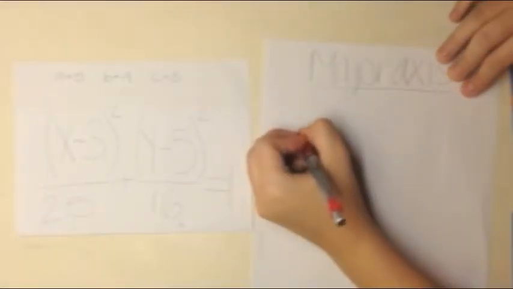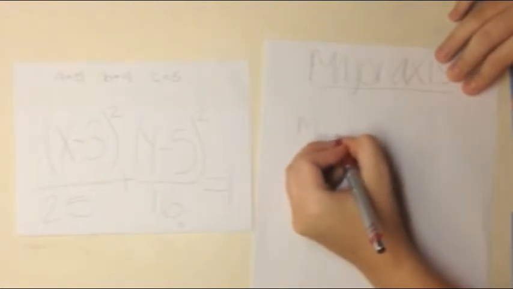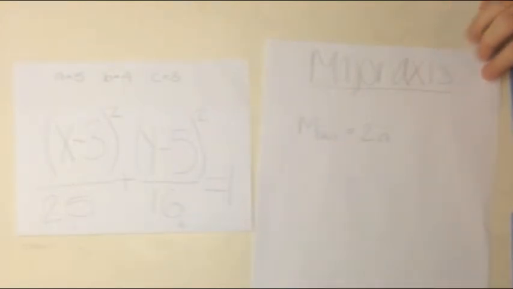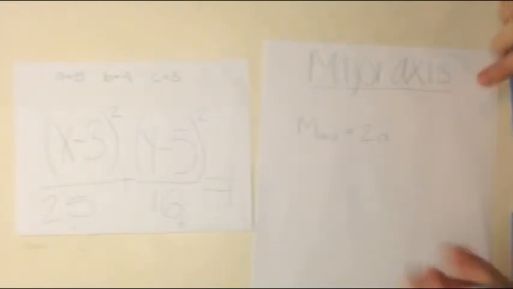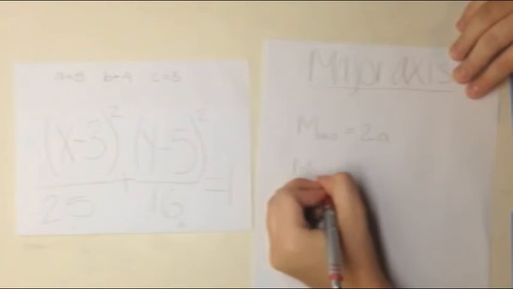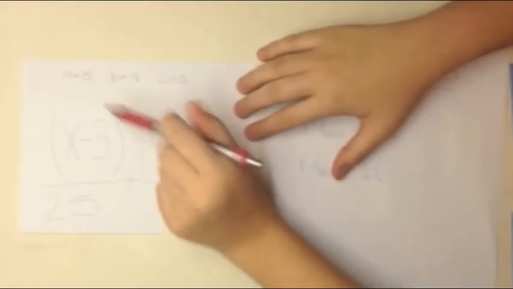Our next is the major axis, which is the capital M axis, and the formula is 2a. So the major axis, which is the largest, will be M axis equals 2 times a. So a is 5. So the major axis will be 2 times 5.